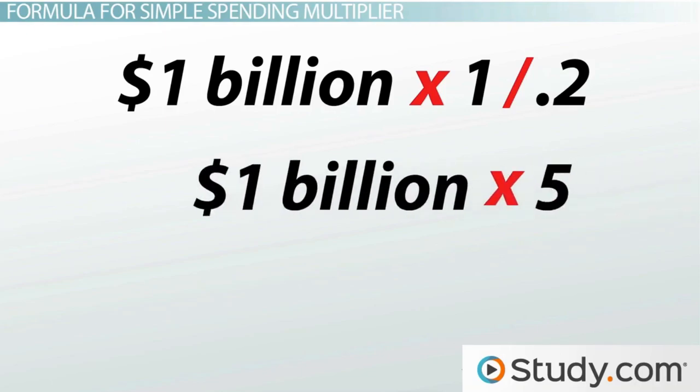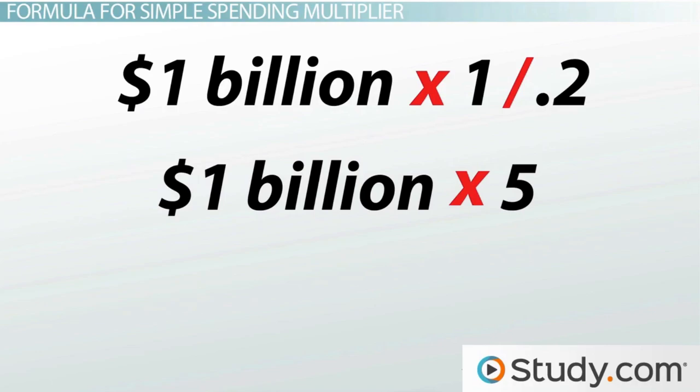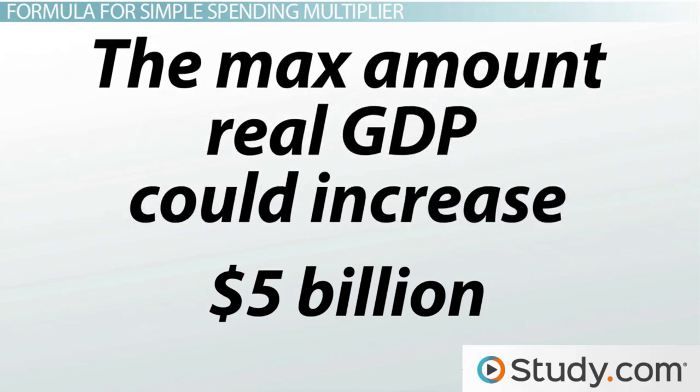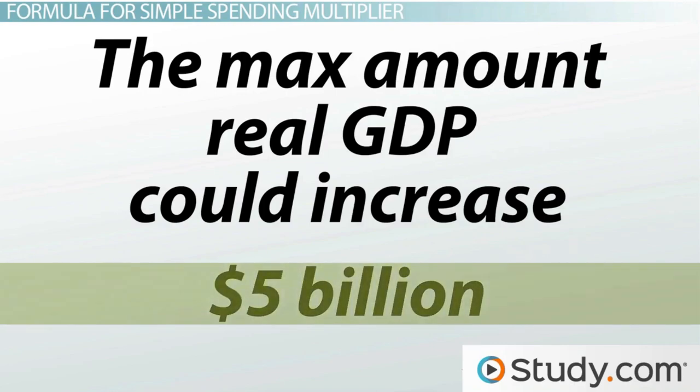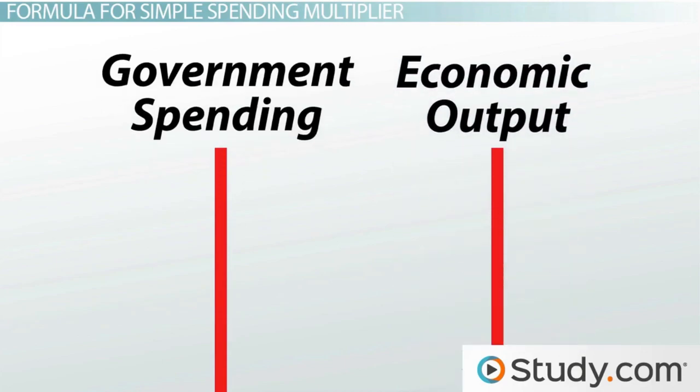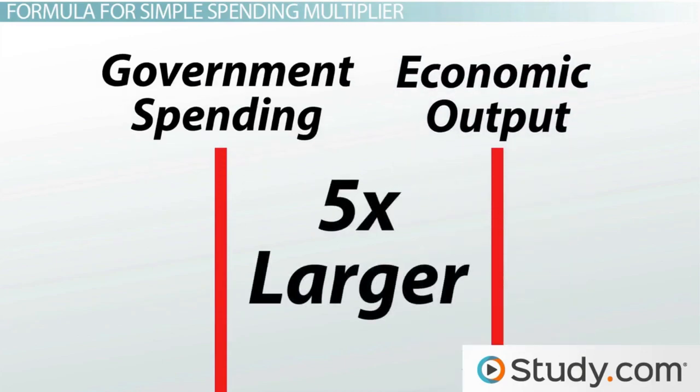So now we have $1 billion times 5, or $5 billion total. So the maximum amount that real GDP could increase when government spending increases by $1 billion is $5 billion. Now you can see the results of the multiplier effect. An increase in government spending led to an increase in economic output that was 5 times as large.